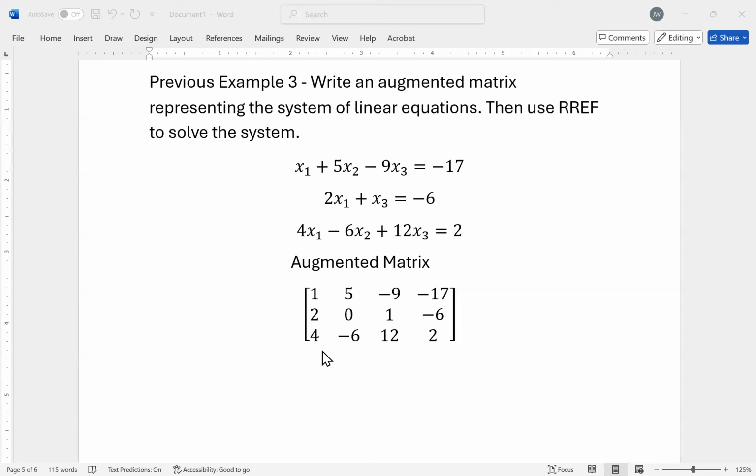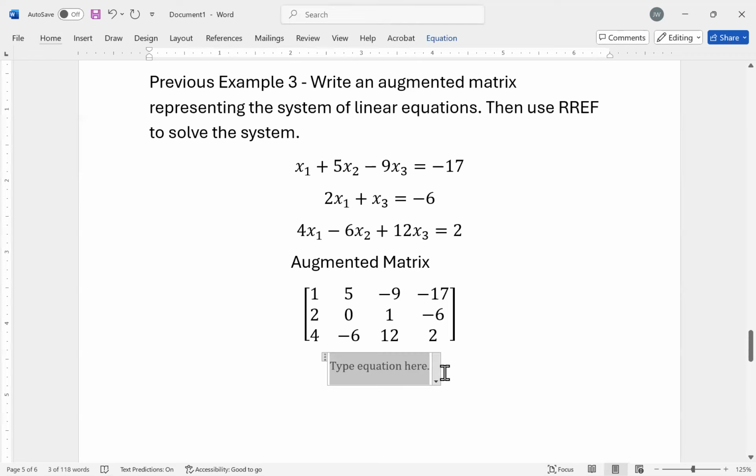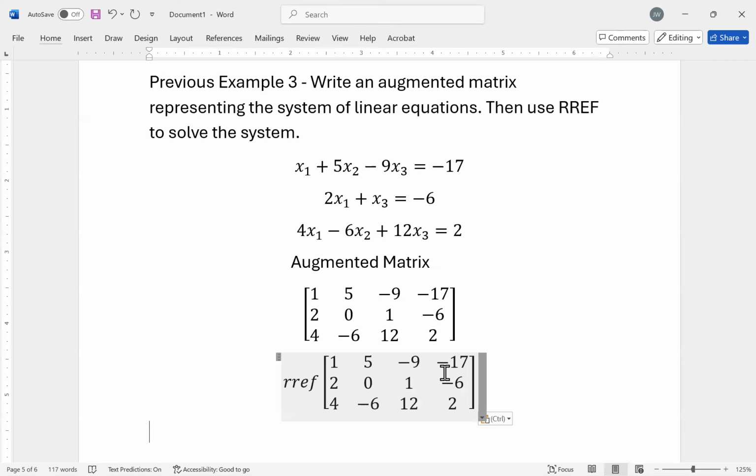Like I said, we already got the augmented matrix for this system of linear equations. The augmented matrix had row 1 of 1, 5, -9, -17, row 2 of 2, 0, 1, -6, and row 3 of 4, -6, 12, 2. And so to solve the system, I would simply take the row reduced echelon form of that augmented matrix.